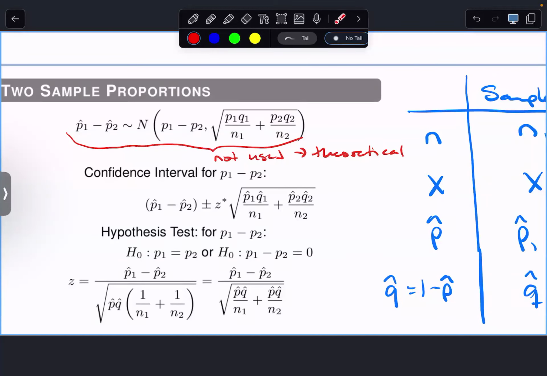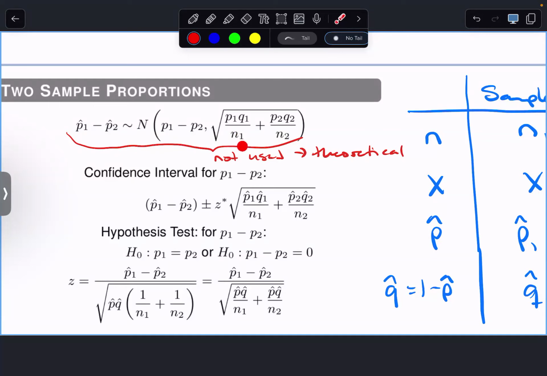That's awesome, because if I have a normal distribution, I can use Z to find probabilities, and so that's really nice. That's a nice property to have. It's going to be centered on the difference in the populations, right? Population proportions. And then remember what the standard error used to be?